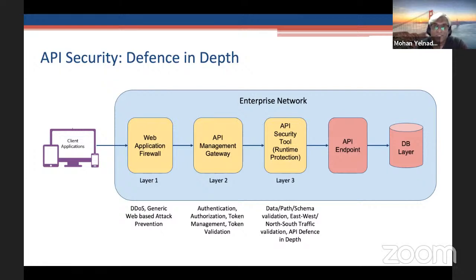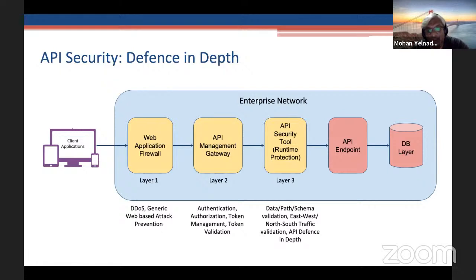So both these traffics can have security vulnerabilities, right? And the API security tools configured at this layer can analyze better, because it is at the gate level, I would say, so they are best placed to analyze both the traffics and provide validation services.